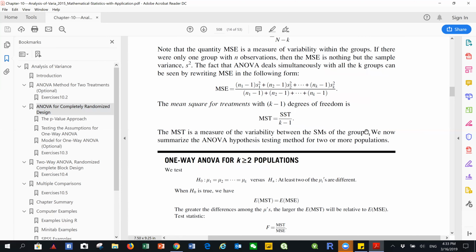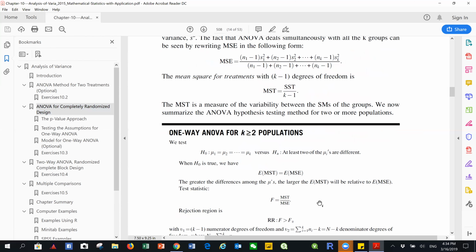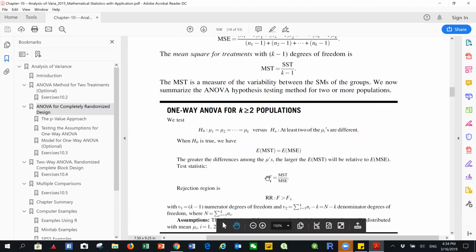Here's the thing. Given F, if you recall last semester, you will know that the F distribution is the ratio of 2 ratios.